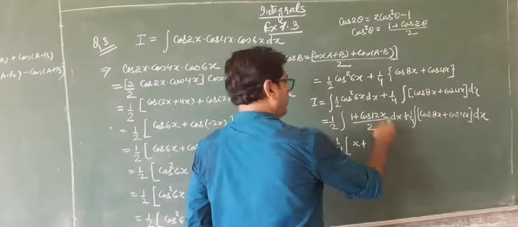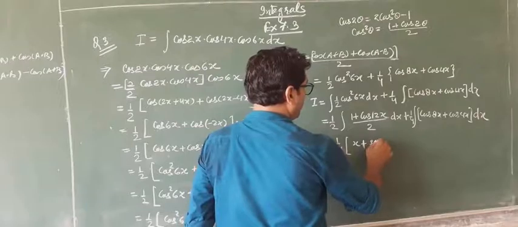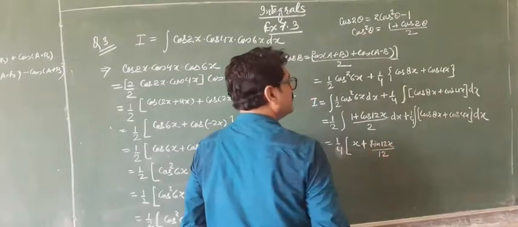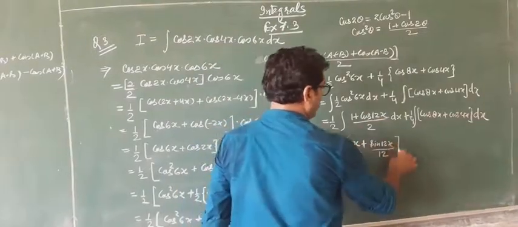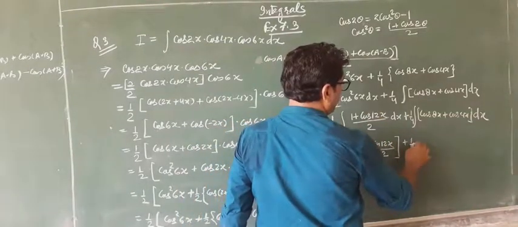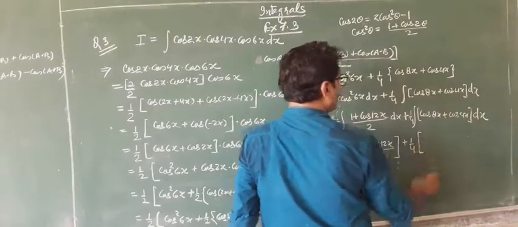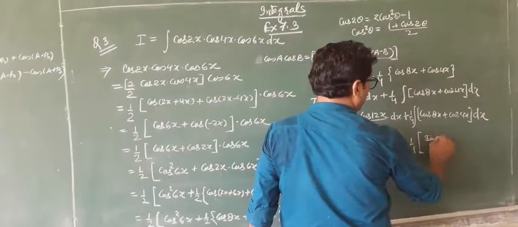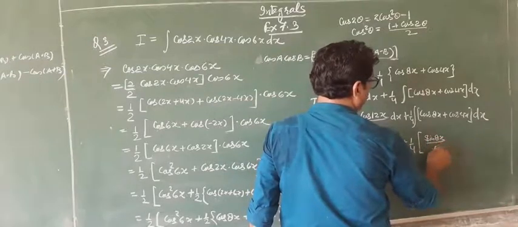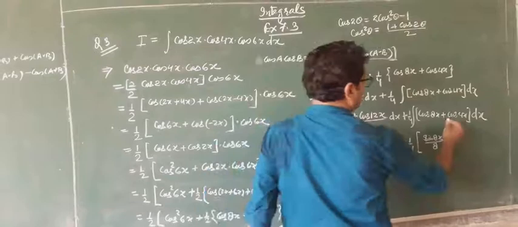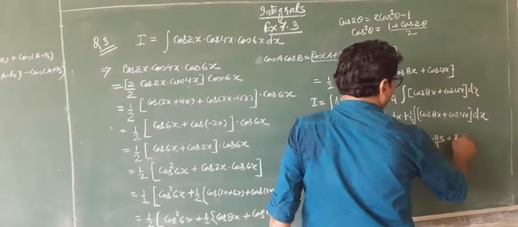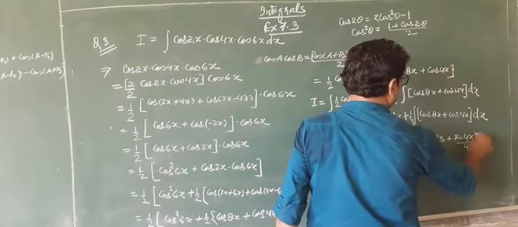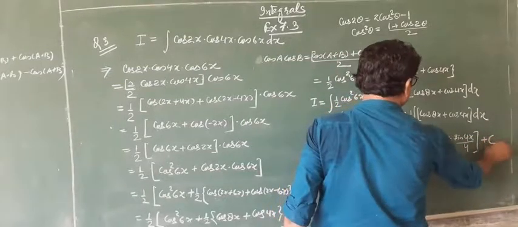Integration of cos of 12x is sine of 12x upon 12. This is the integration of this part, plus 1 by 4, integration of cos of 8x is sine of 8x upon 8, and this is sine of 4x upon 4, plus c.